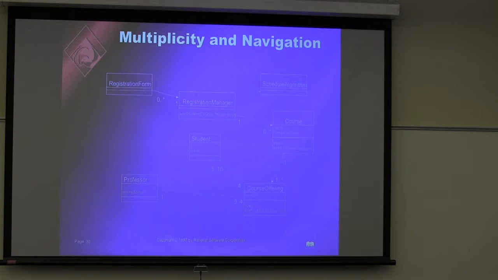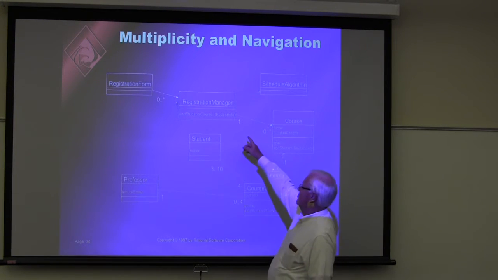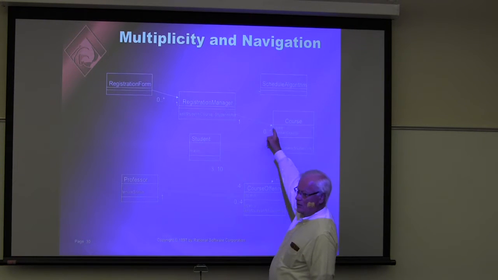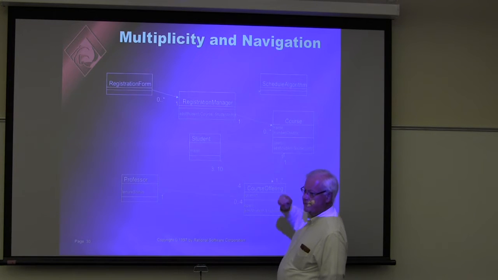Unlimited, 1 to unlimited, yeah, which makes sense. Actually, I think the asterisk is generally referred to as many, 1 to many. So up here, registration manager puts out 1 request to courses, but it could affect many. It's unbounded.